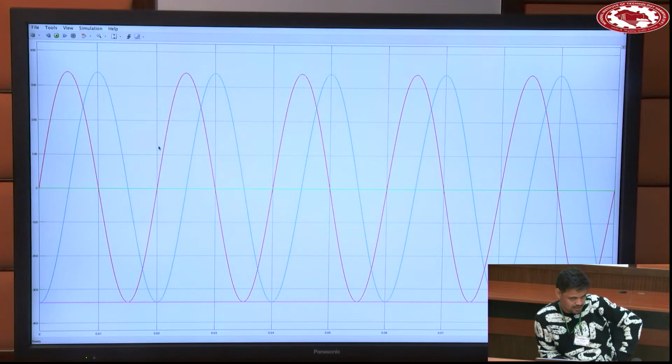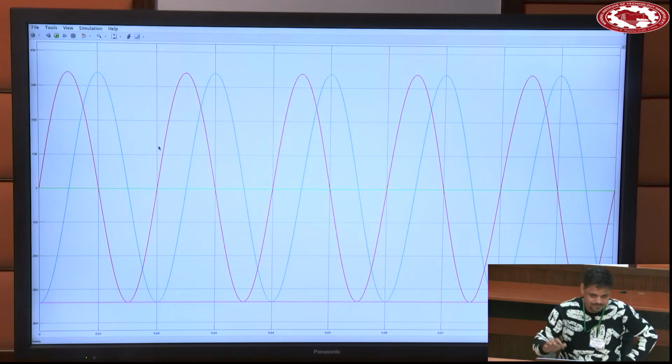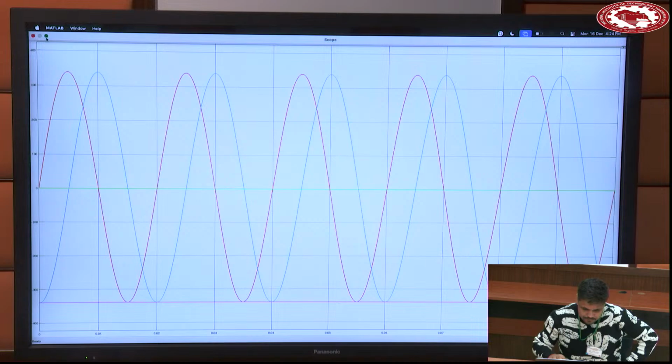VD should be 0, VQ should be... Can you see something negative of the peak, the pink line? And 0 for the light green. So light green is VD and this pink is VQ. This is alpha beta, not making any difference.